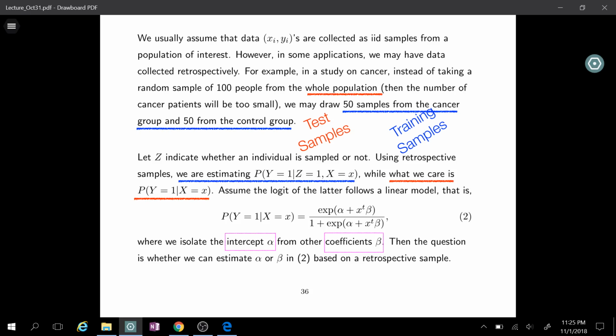So here let's use Z to indicate whether an individual is sampled or not.